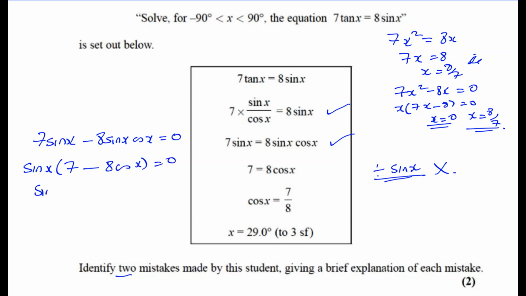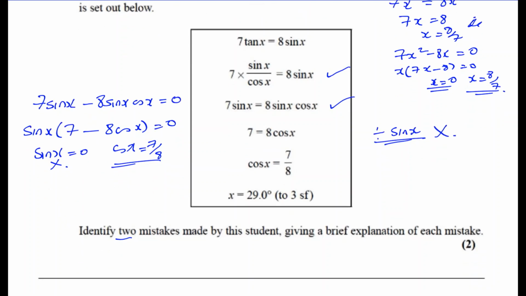Then you'd have sin x equals 0, and cosine x equals 7 over 8, because that will go there and you divide by 8. So they've only got this solution and this solution is missing. Therefore that's one mistake.